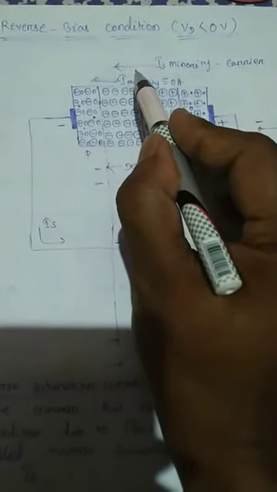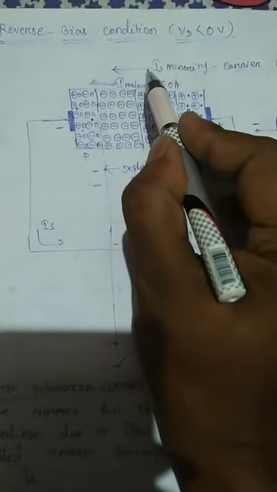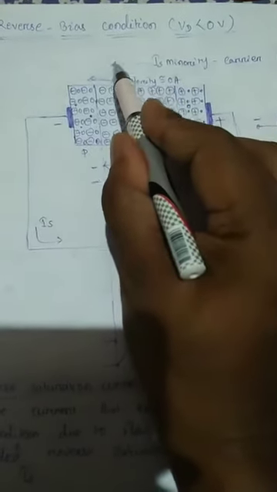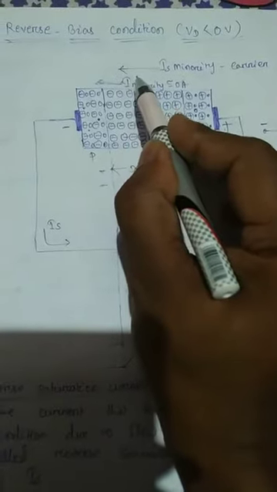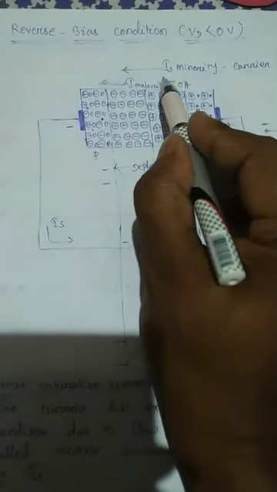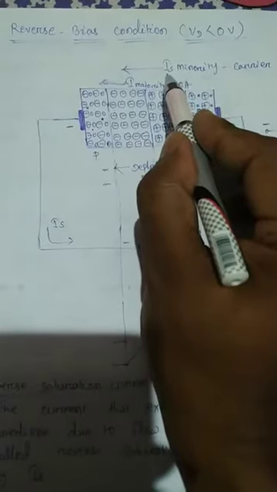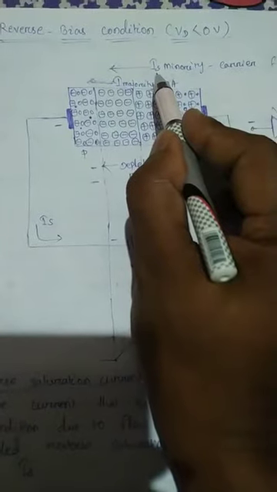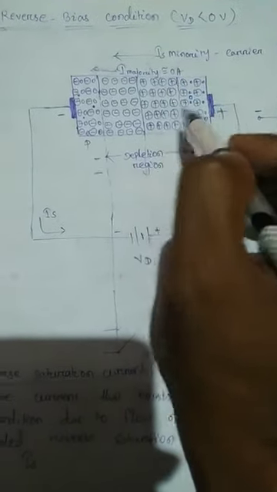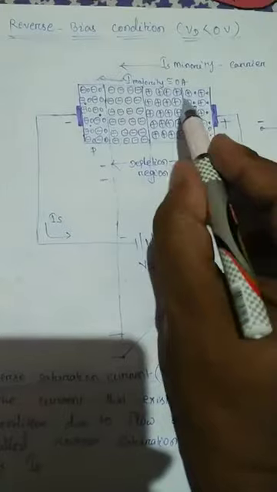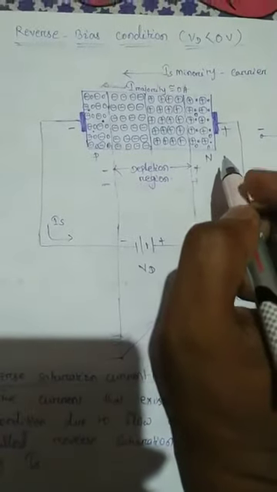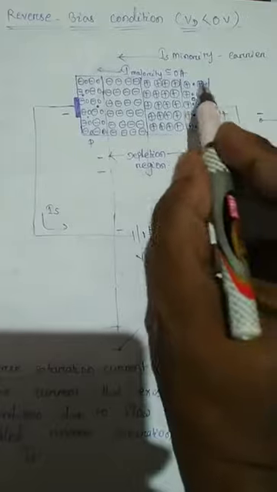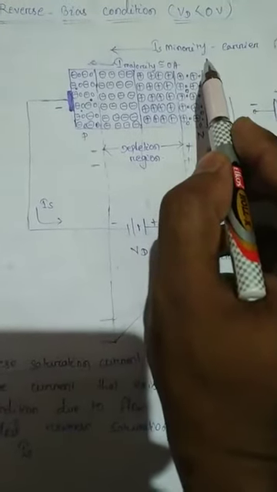So in reverse bias condition, only a small amount of reverse current will flow. The order of this reverse saturation current is very small, in the order of microamperes, as we know that a very small amount of minority carriers are present in P type and N type. So the current due to minority carriers is very small, in the order of microamperes, which can be neglected also.